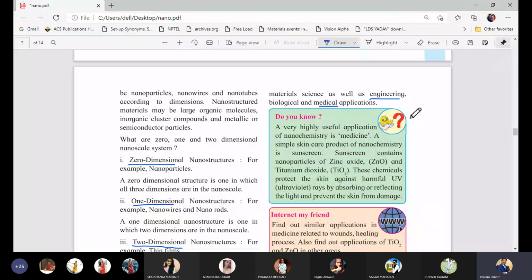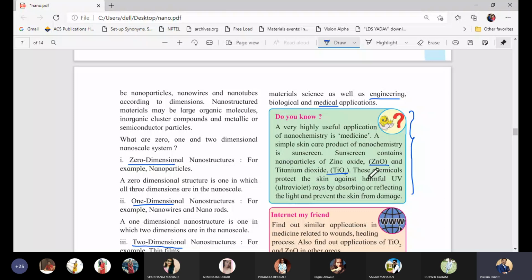So, if you have heard about these materials, zinc oxide, that is ZnO, and TiO2, that is titanium dioxide. So these particles have very many applications, because all these are eco-friendly, as well as these particles can be used in various applications. For example, the tablets which you are taking, the creams which you are using as cosmetic products, all these have zinc oxide and TiO2.